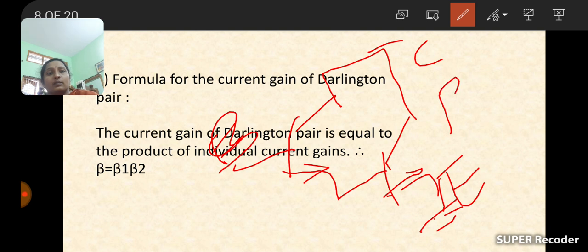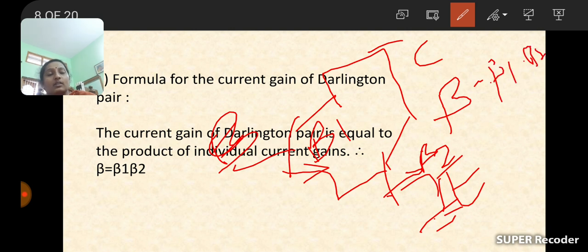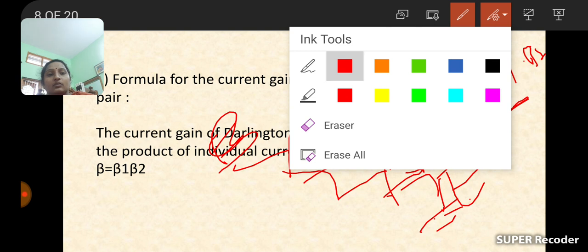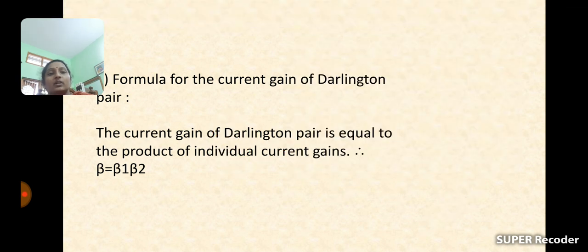The gain of the whole is equal to the product of the gains of the individual stages. Beta is equal to beta 1 into beta 2, means the whole gain. The gain of the Darlington pair circuit is equal to the product of the gains of the individual stages. Transistor T1 has beta 1, transistor T2 has beta 2. So the gain is equal to the product of the individual stage gains.